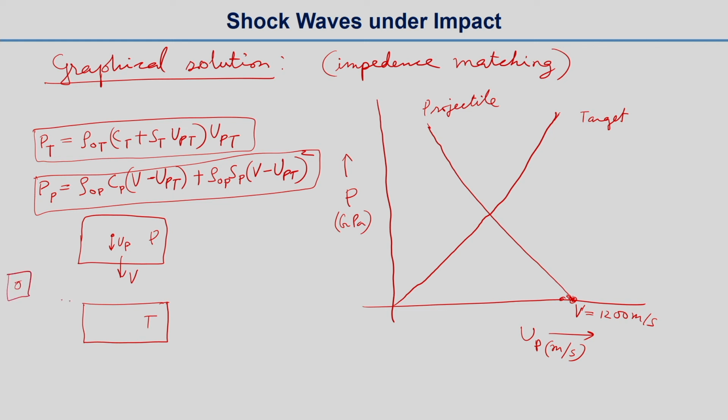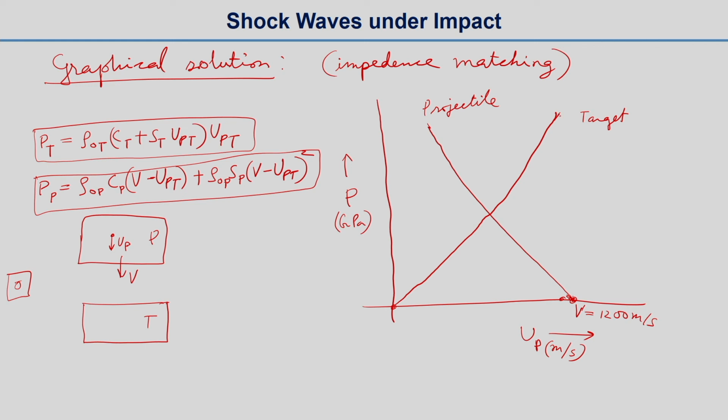Now, after hitting it will change, and then we can have this plot of P versus UP like that. And similarly for the target, the initial particle velocity was 0, and it will increase, and it will go to the other extent.